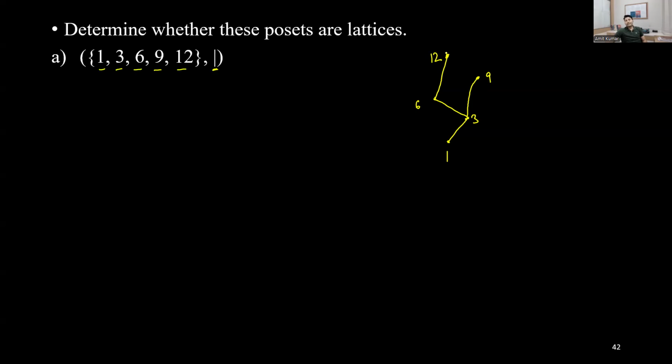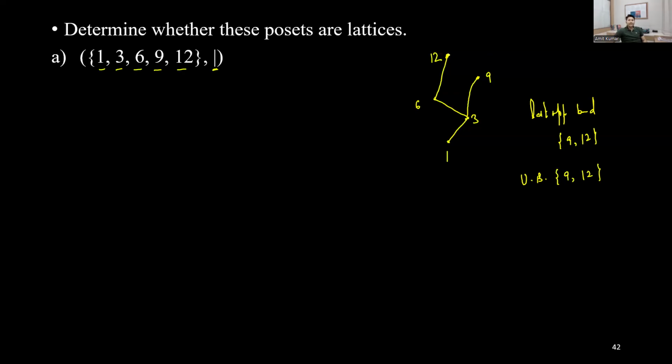If I am trying to find the least upper bound, also called the supremum, of 9, comma 12, the first thing is to write the common upper bound of 9 and 12.